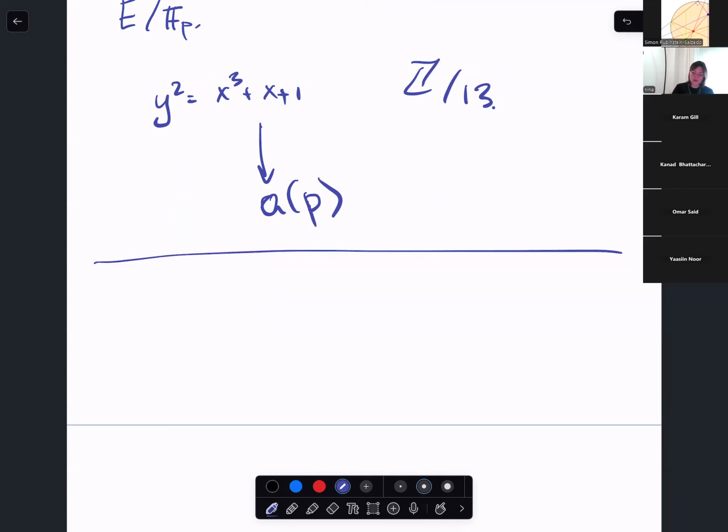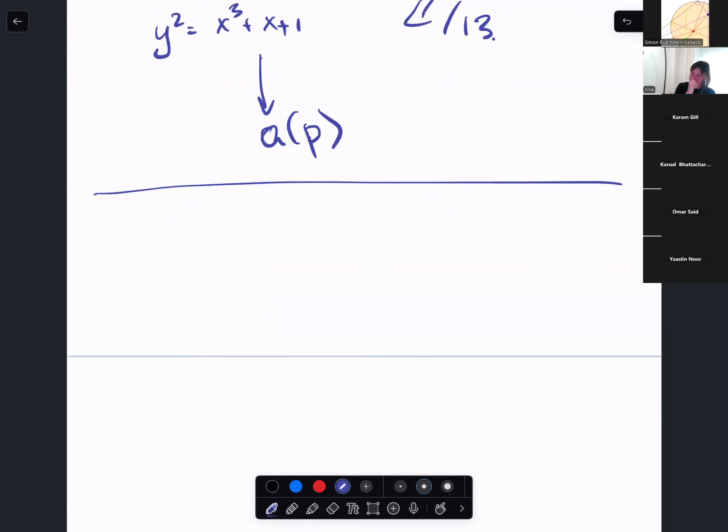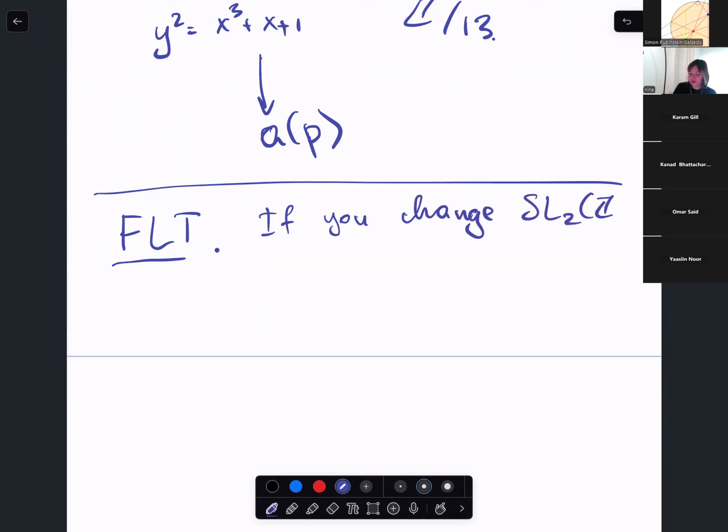Well, it turns out, and that is Fermat's last theorem, that not quite using SL2Z, but if you slightly modify the group, so if you change SL2Z to, again, a group of matrices a, b, c, d, such that c is congruent to 0 mod some number n.